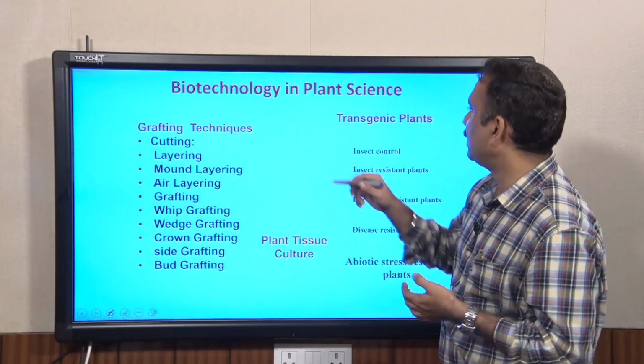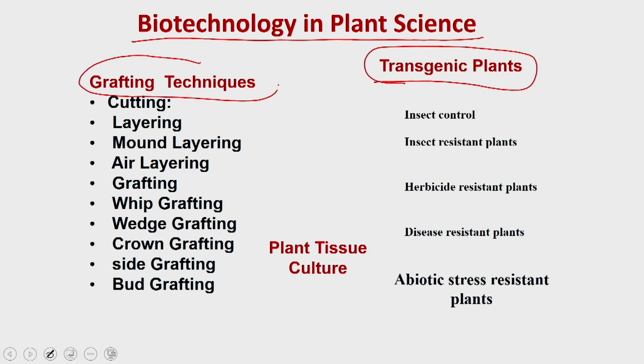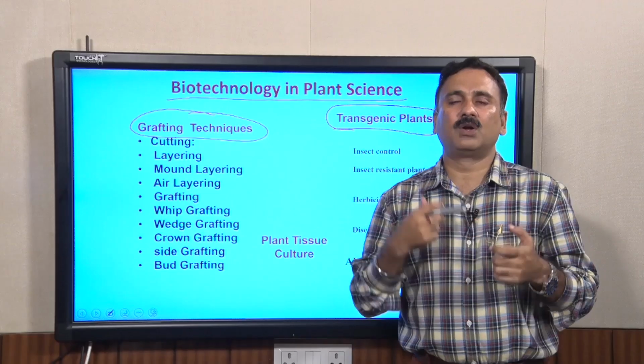In the case of biotechnology in plant sciences, we discussed how to generate transgenic plants, and many techniques which were popular before the genomic era, where people were using different types of grafting techniques to make new species of plants, or at least to improve the crop yield.